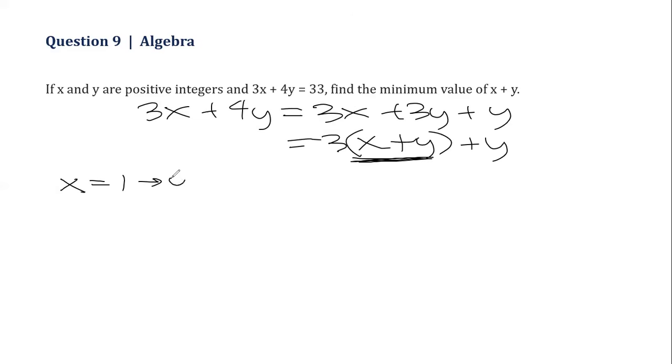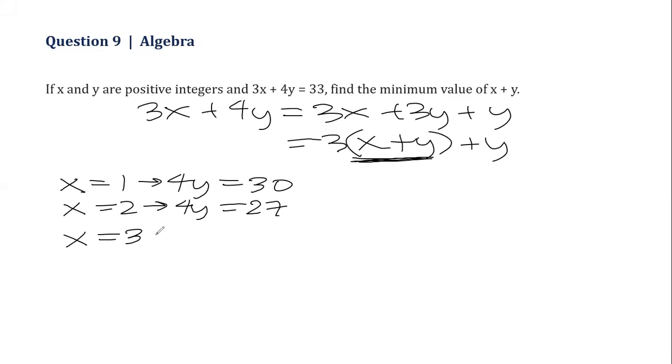that 4y is equal to 33 minus 3, that's 30. This means that y is not a positive integer, so this is not a viable solution. So we can't go with this solution. If x is 2, this means that 4y is 27. This also means that y is not an integer, so we also cannot use this solution.